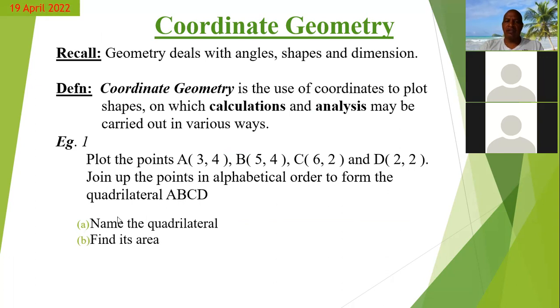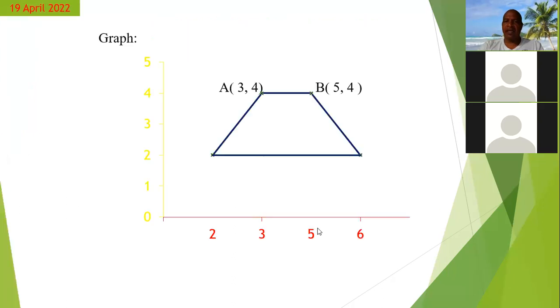Now, this is what you are to do. (a) Name the quadrilateral, say what type of quadrilateral it is. (b) Then find the area. So that's what you're supposed to be doing for this question. The first task is to plot your shape. The next task is to name the shape, what kind of quadrilateral, and then find the area.